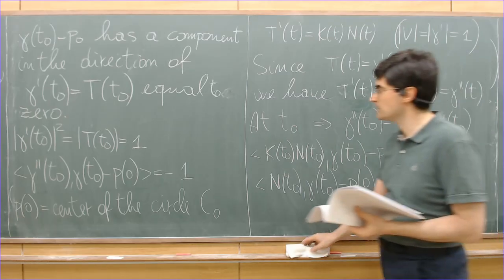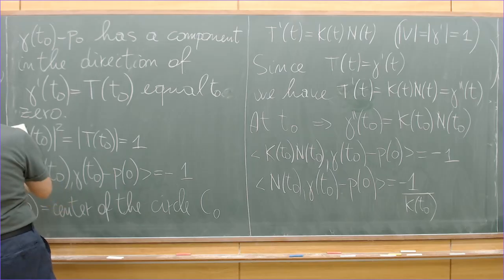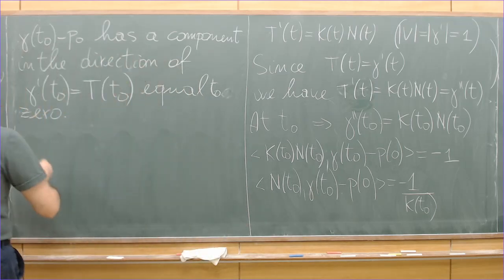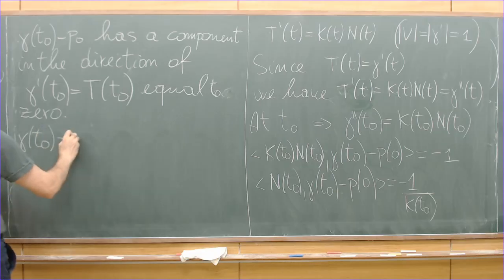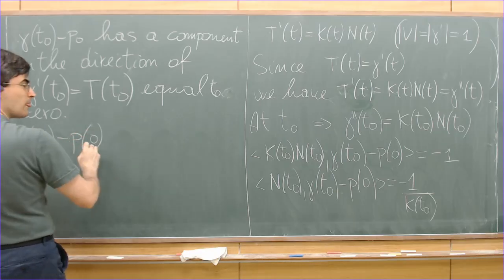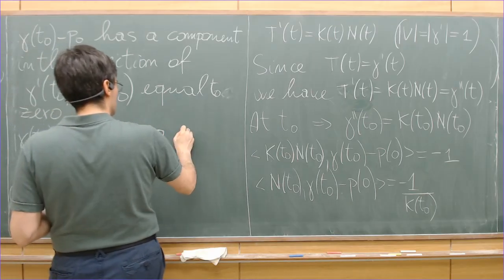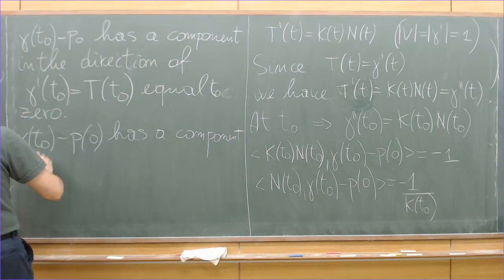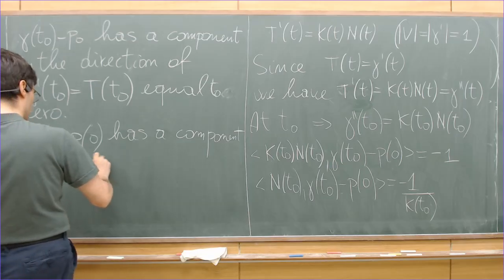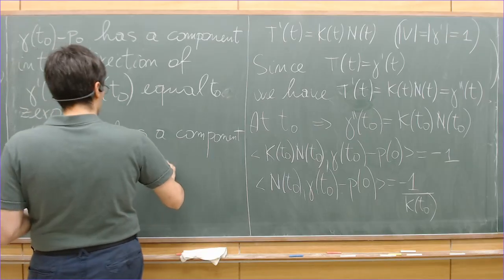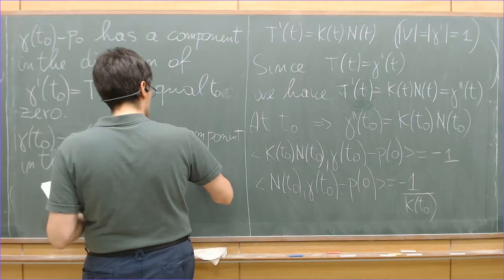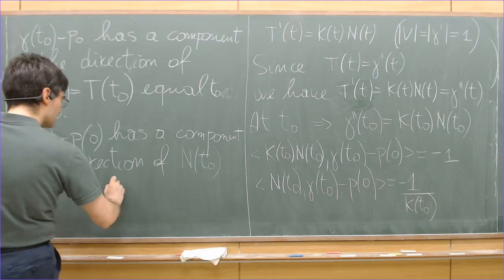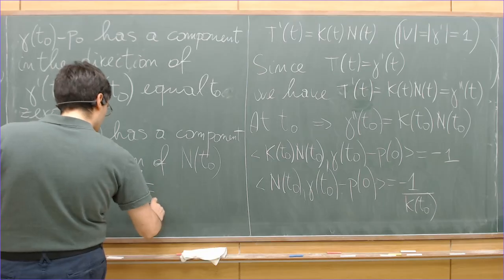Now we have almost finished it. Because this means that gamma t0 minus p0 has a component in the direction of N of t0 equal to minus 1 over k of t0.